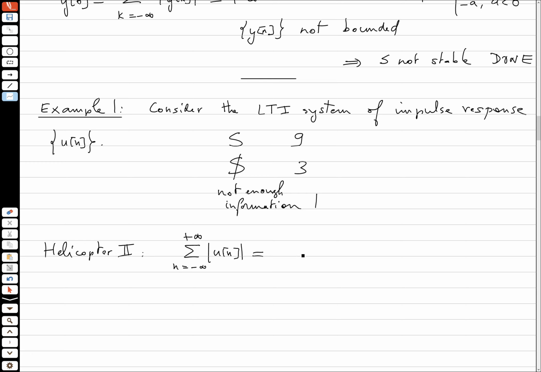How much is that? Yeah, it's infinite. It's not stable, you win. If you don't agree, it's the sum for n going from 0 to plus infinity of 1, and that is infinite. So not stable.